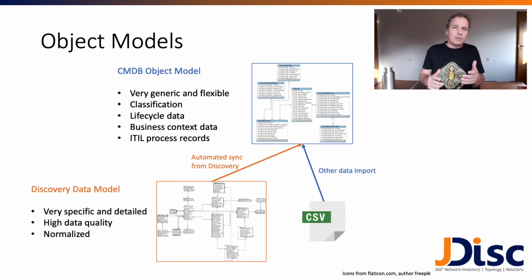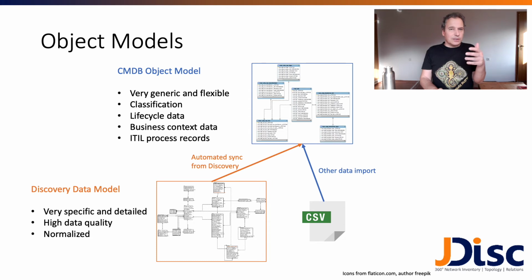The more difference between these two cooperating components: a CMDB must be very flexible, right? So it has a very generic, flexible data model, an object model, where you can represent relations and entities of all kinds of sources. Usually you have a classification, you manage the life cycle of configuration items, and you not only have the automatically discovered data, but also the business context.